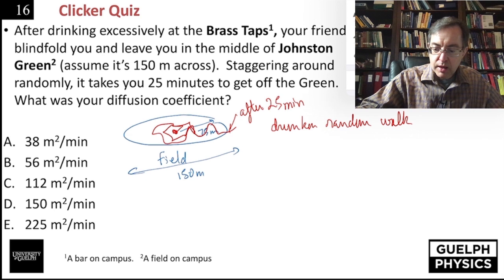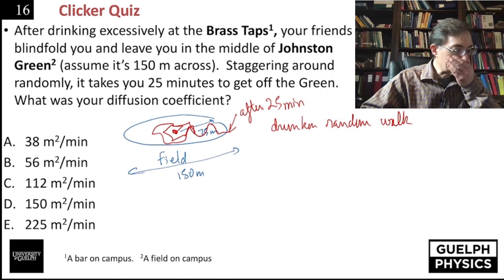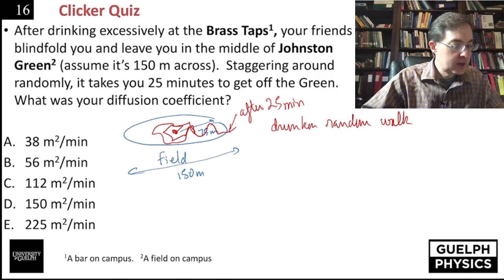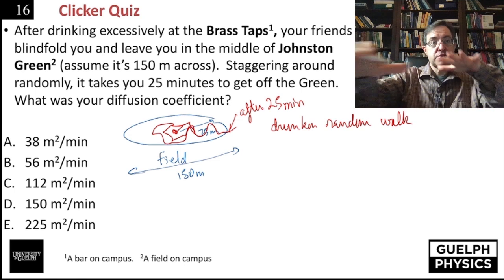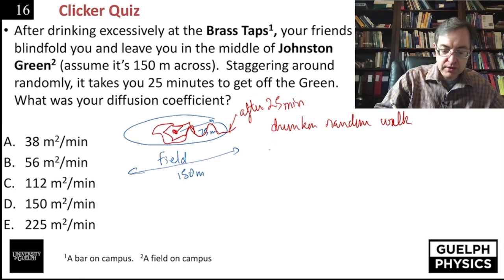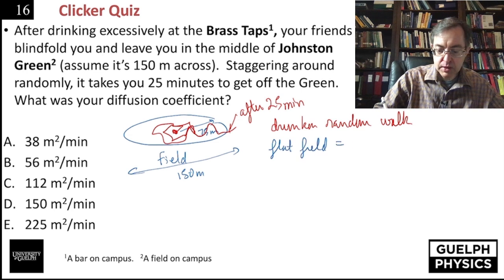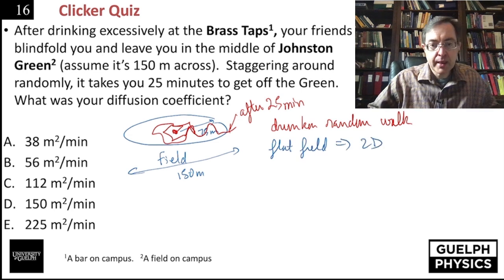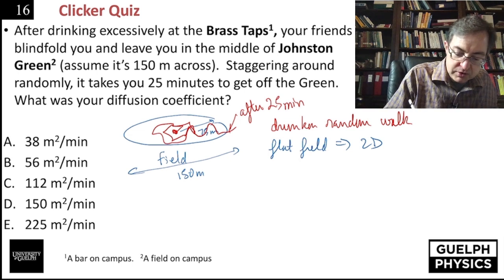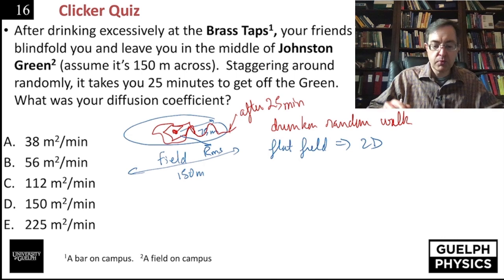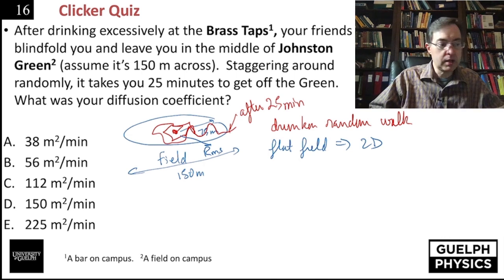Okay, and it is on a field, which is a two-dimensional plane. Okay, so the fact that it's a flat field means it's a 2D problem. And so when I look at the distance I have to travel, which is the RMS displacement for this random walk, I want to use the 2D formula.